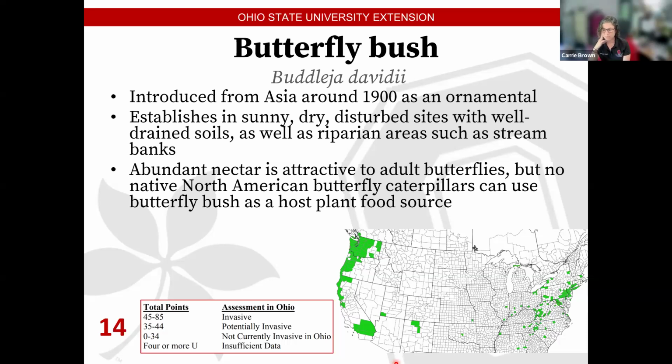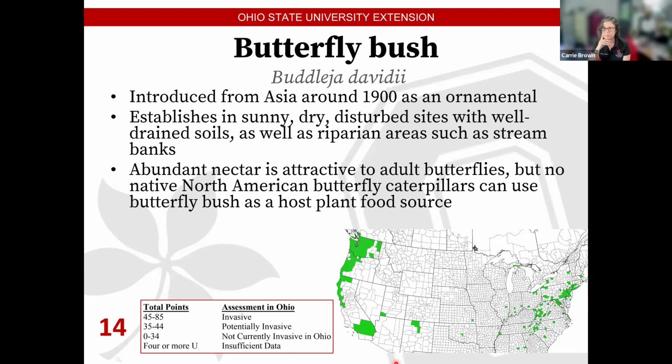So in order for our Lepidoptera species to complete their life cycle and become butterflies, they have to have a food source. And their food source is the plants that they co-evolved with. Our species of Lepidoptera did not co-evolve with butterfly bush because butterfly bush is an introduced species. So as such, it's not a host species for any of our caterpillars.